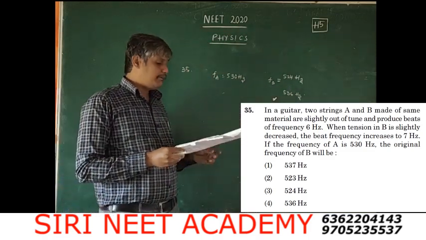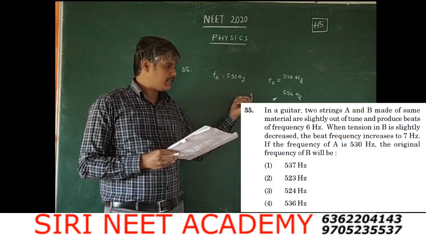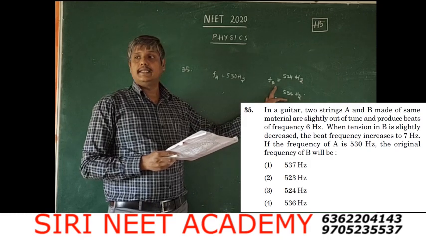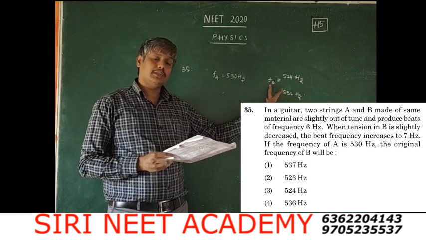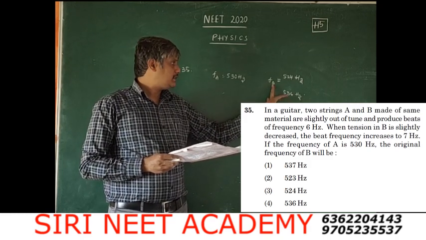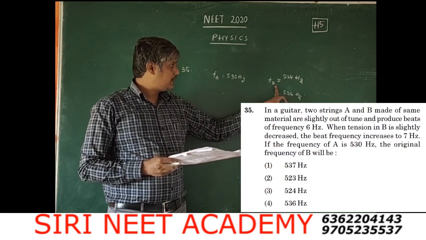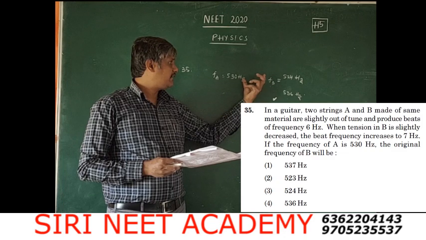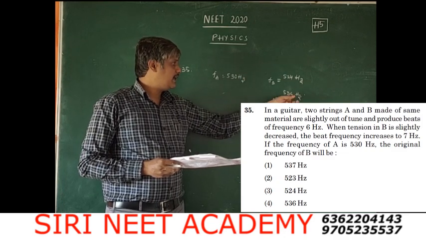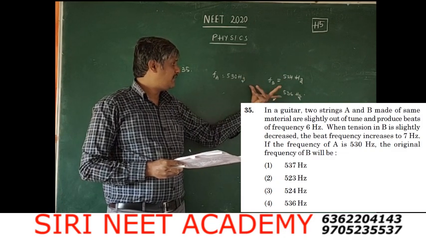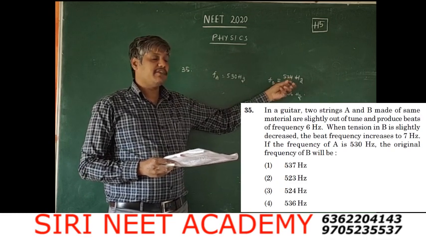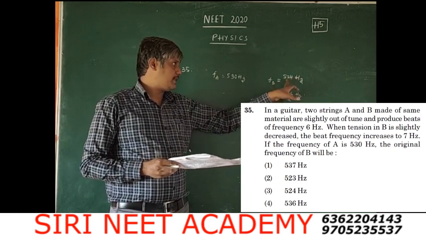When tension in B is decreased, the frequency of B also decreases. As the frequency of B decreases, if this one decreases, the difference between these two increases; if this one increases, the difference between these two decreases. That difference is nothing but the beat frequency.